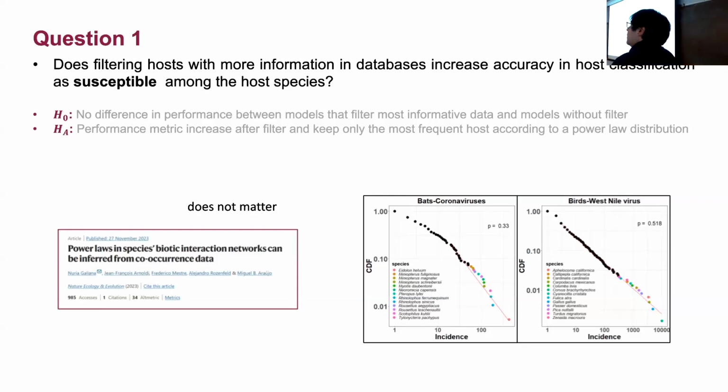But now I have a better understanding of how to measure that. I found this property of the power law distribution very common in all the databases, and I can use that as a measure of the quality of the database. For example, this case is very clear. This database has been curated by hand by experts in a specific paper that has counts of birds and West Nile virus detected in mosquitoes that infect these birds.